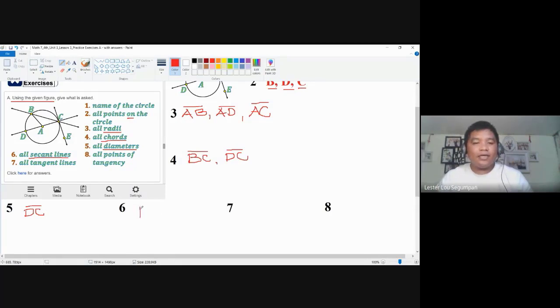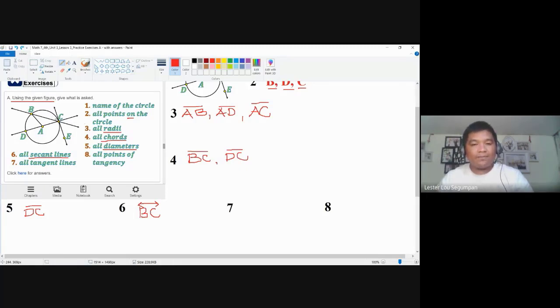So I would write here BC, and since it's a line, I would use the proper notation for a line. What is the difference between secant BC and chord BC here? Earlier, we mentioned that chord BC is part of the secant. That would mean again, secants contain chords.